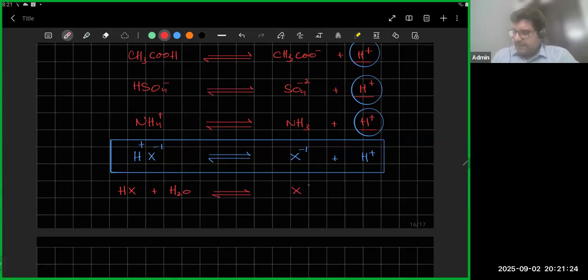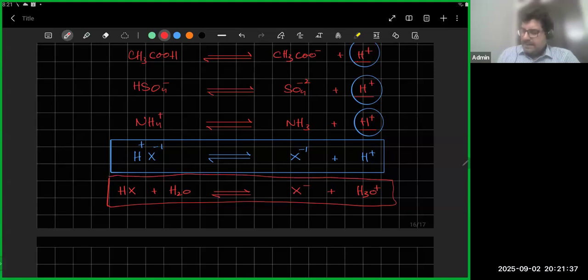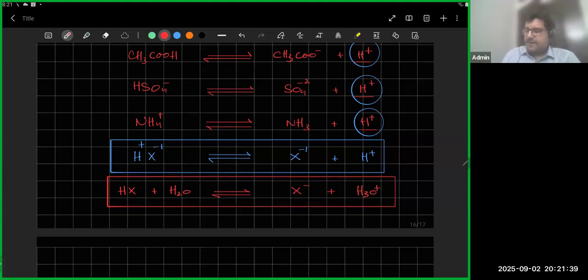So the H+ gets released, and that H+ aqueous combines with the water and it becomes H3O+.